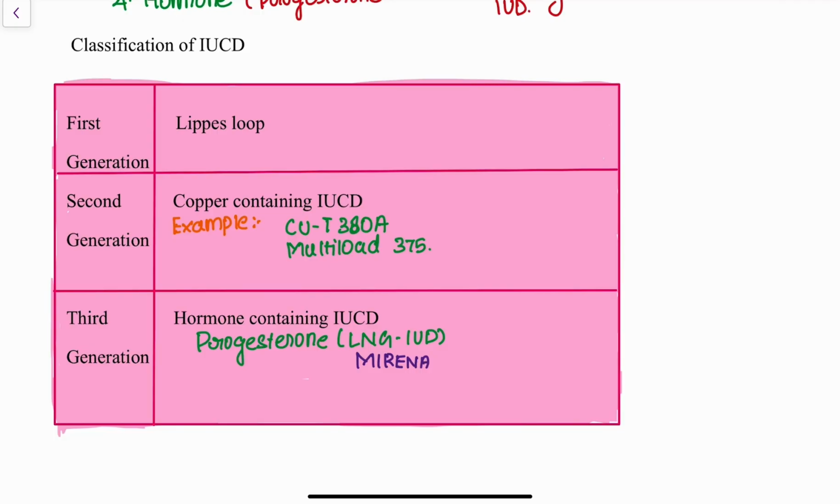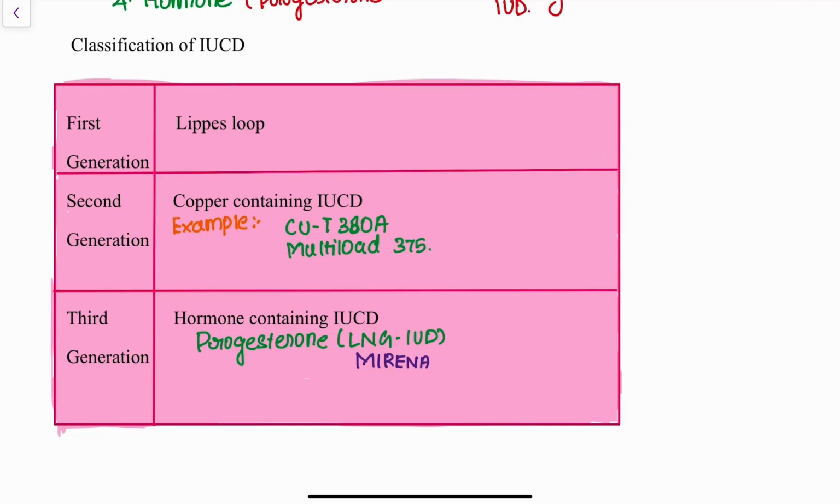The first generation is nothing but the IUCD which was invented earlier, which is called Lippes loop. There are many first generation IUCDs, but you need not remember everything in detail. You just need to know the term, that's all. It has not been asked very frequently in any examination. So it is okay for you to just learn the term itself, right? So Lippes loop is the first generation IUD.